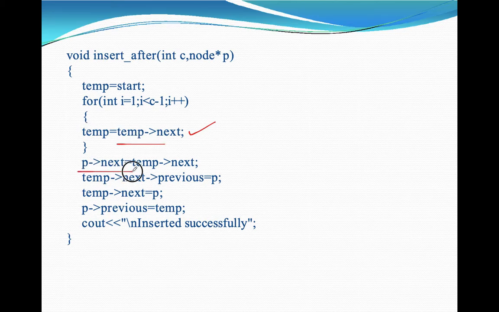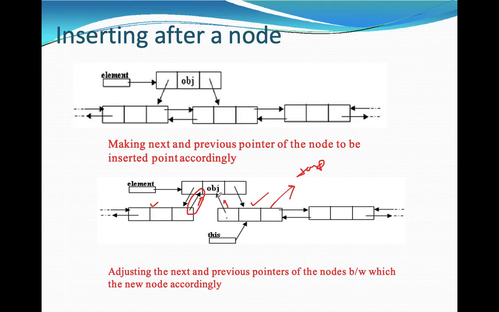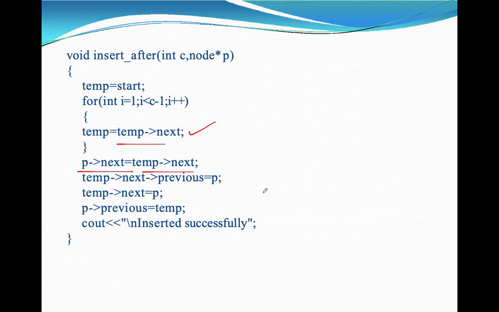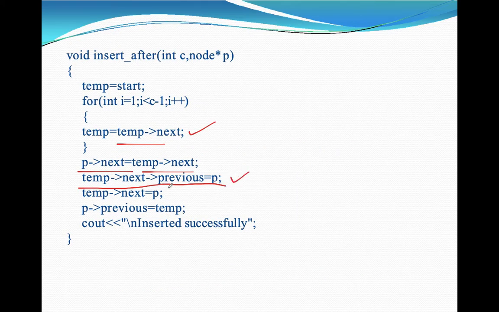The next of the new node is pointing to this one. This one is pointing to P, means the previous one is pointing to the new node, right? Temp next is P.